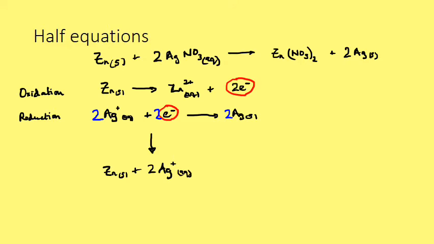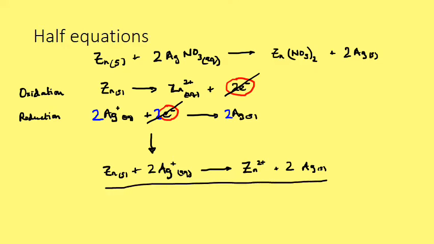The electrons cancelled out, because one of them is on the reactant side and one of them is on the product side. And so what you finish up with is 1 zinc 2+ ion and 2 silver atoms. That's solid, and that is our full redox equation.